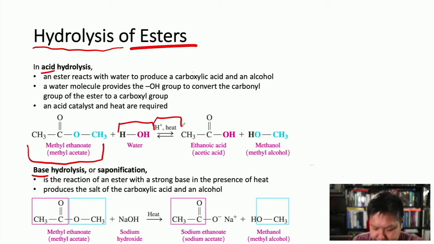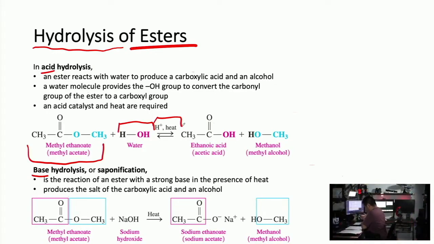And what do we get? We get the carboxylic acid and the alcohol that made the ester, right? So the carboxylic acid that made the ester is there, which was ethanoic acid, or acetic acid, right? And then the alcohol that made it was methanol, right?